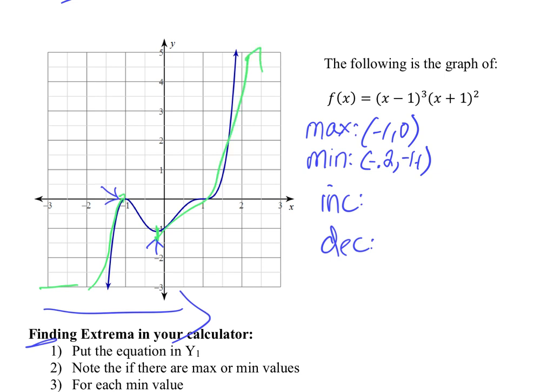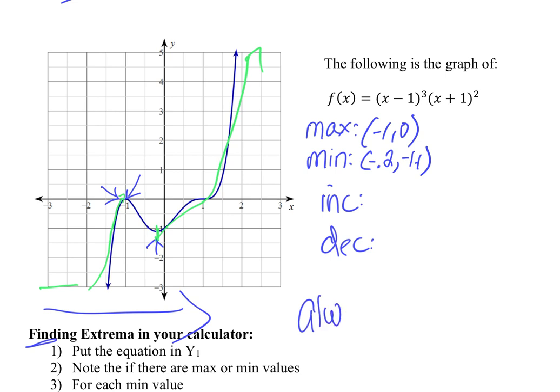Okay, you'll notice that when I'm doing the increasing, decreasing, I'm always using parentheses, and that's what you do. You always use parentheses, because when you're at the top of a hill, you're not going up or down, so you're not increasing or decreasing. So at the top of a hill or at the valley, it's not on that interval, so we always use parentheses.